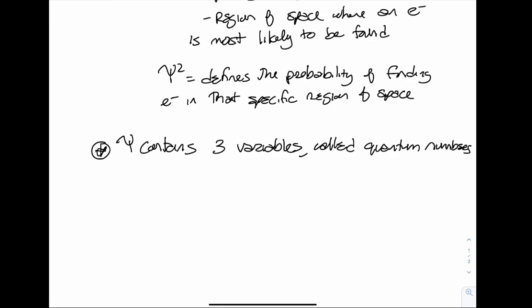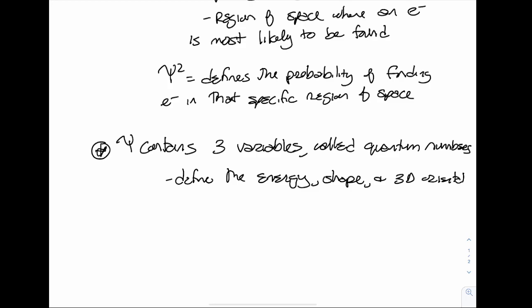So psi contains three variables. These variables are our quantum numbers, and they're going to define the energy, shape, and three-dimensional orientation of the orbital.